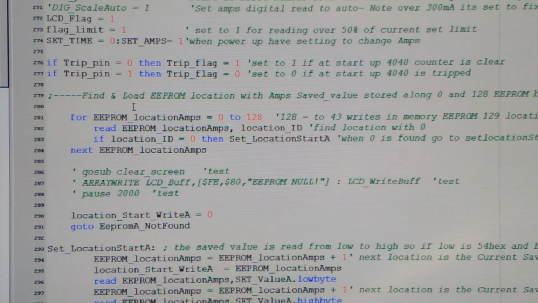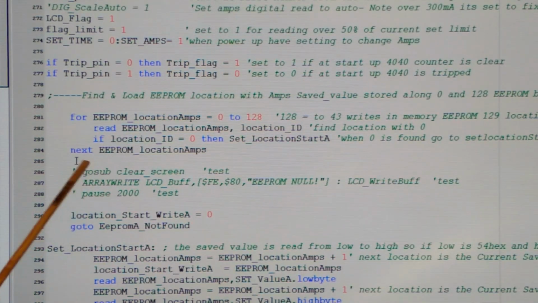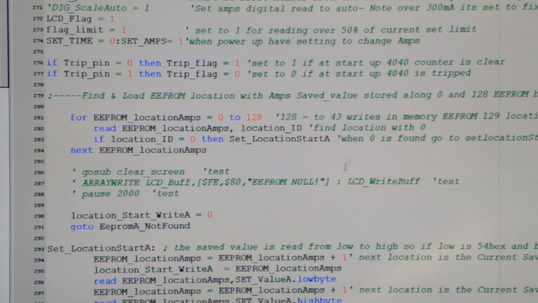Now here I'm reading the EEPROM, the built-in EEPROM on the chip, and this was one way to write on different memory locations on the microchip, and this was my idea in how to do it. There's probably better ways. In actual fact, I already know a different way, but this is the way I done it. So it's going to look for a location ID with a number 0.